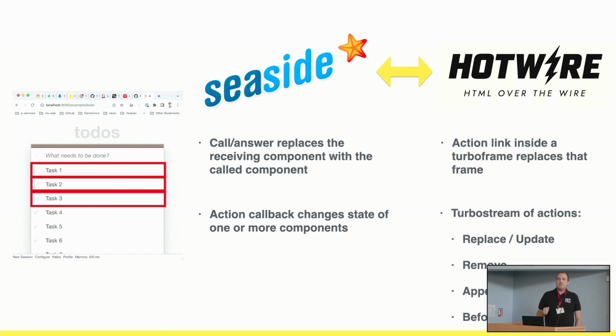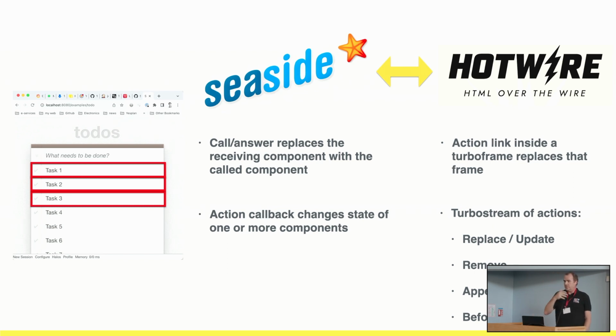So of course, if you think about call and answer, if I'm doing an edit of a single to-do item, that means I'm going to replace this to-do item with a to-do item editor. So an input field with the name in it so I can edit it. And when I'm done editing, I will answer it again and put the to-do item back into place. Links inside of a turbo frame in Hotwire do exactly that.